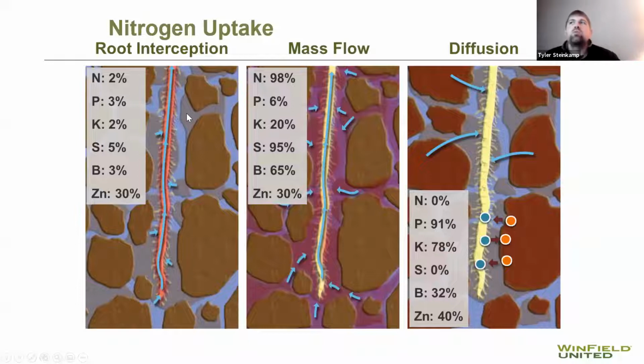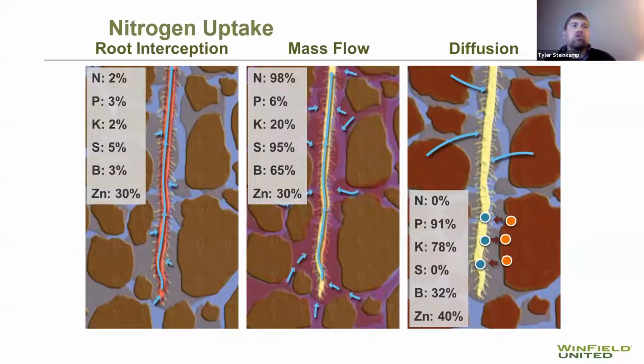Okay, so this is why, even though the plant would prefer to take it up in the ammonium form, and that is 100% accurate because the plant will actually have to convert it back to ammonium to move it within the plant. However, it's just not very efficient for that plant to take it up through diffusion or root intercept. It's much more efficient for that plant to take it up with the water through mass flow.